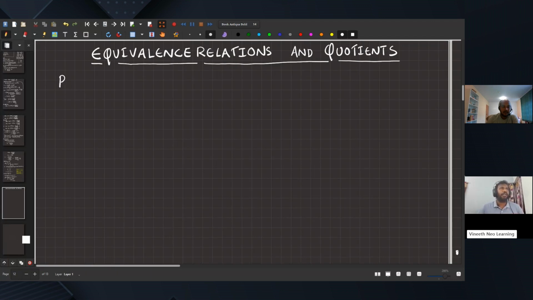Relation. A relation is nothing but a subset of a Cartesian product. Let me write it more neatly.